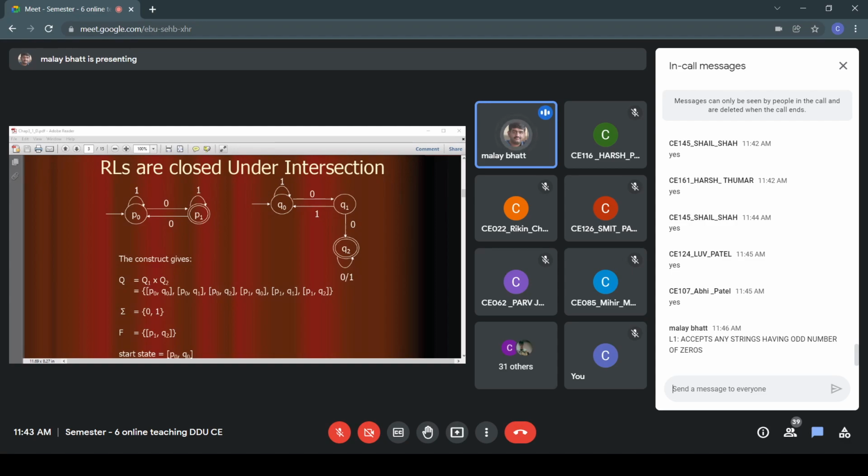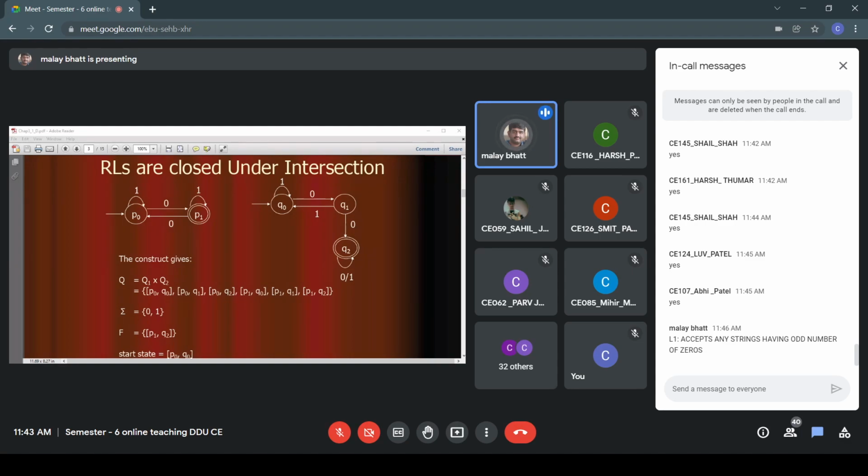So what is the first language? It accepts any strings having an odd number of zeros. You can see if one zero is there, it is accepted. If there are 3 zeros, it is accepted. If there are 5 zeros, it is accepted. It is accepting all the strings in which an odd number of zeros is present.